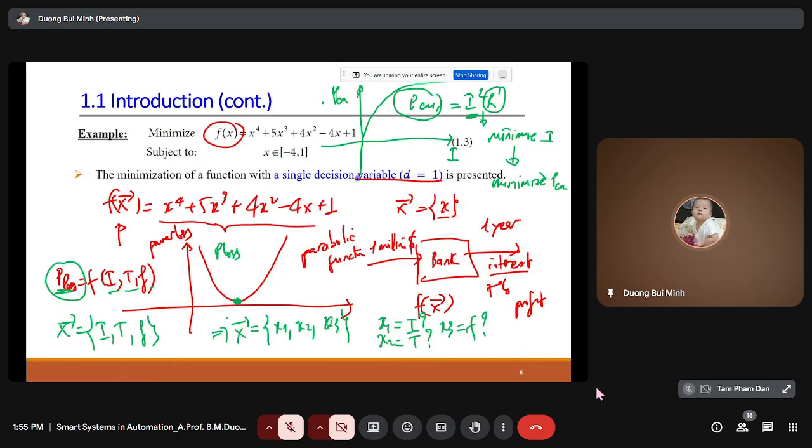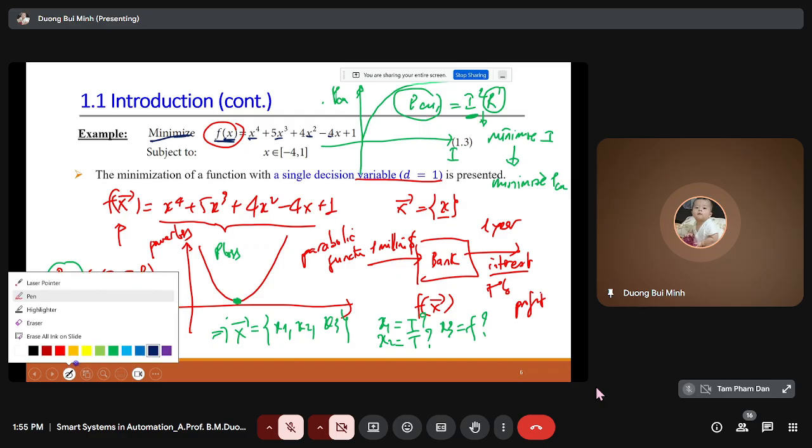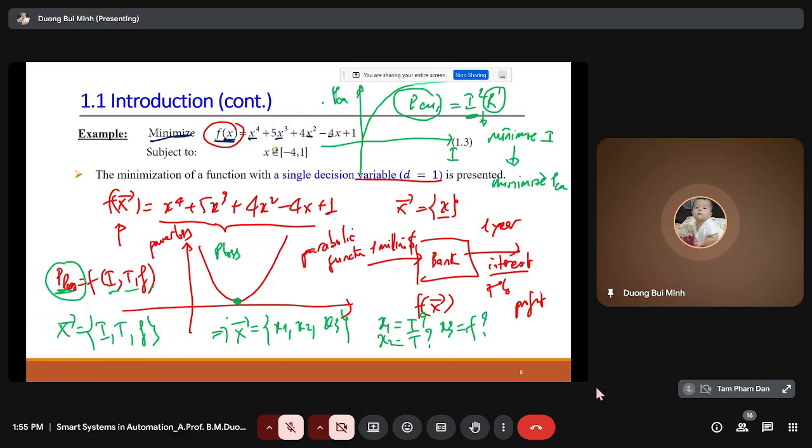We would like to minimize this function. We try to find the best solution to minimize f(x). How many dimensions? Only one dimension. They also give us the information of lower bound and upper bound.